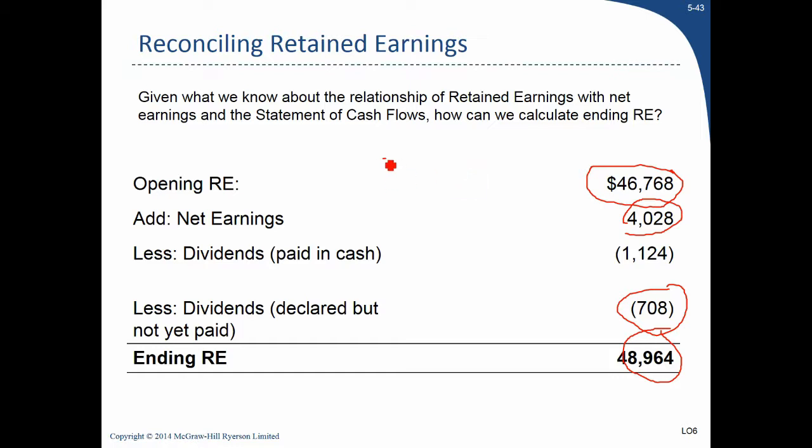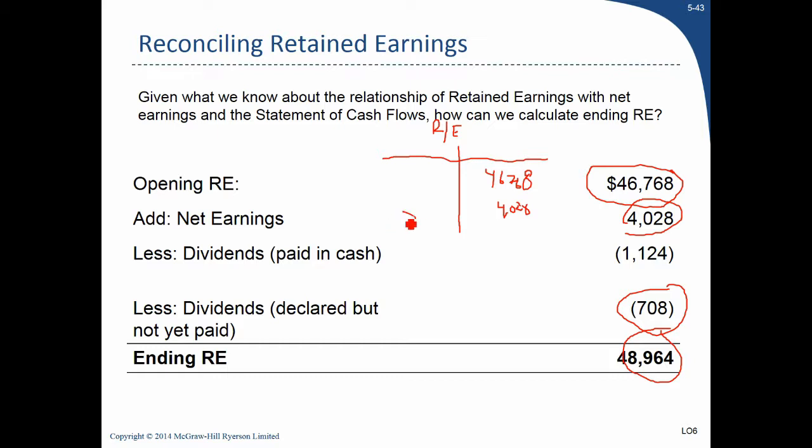So if this is our retained earnings T account, we start with a credit balance of $46,768. We have net earnings, which increase retained earnings, $40.28.